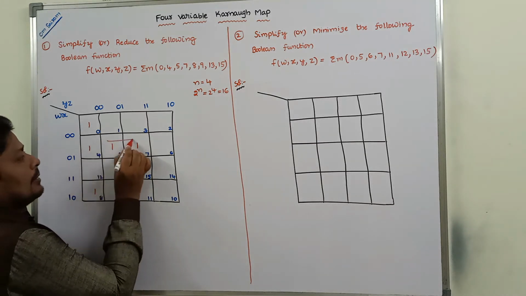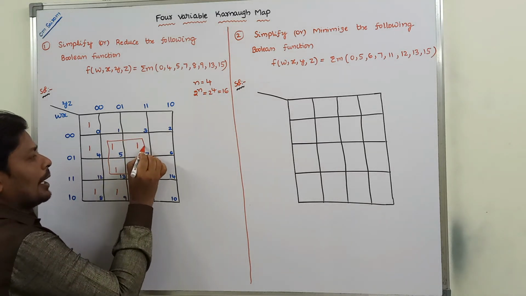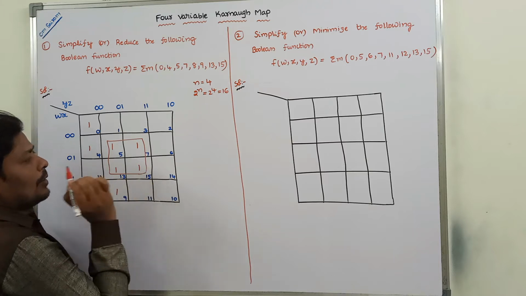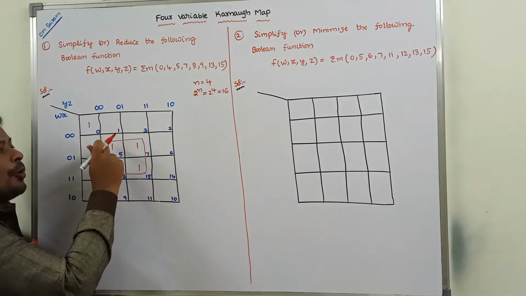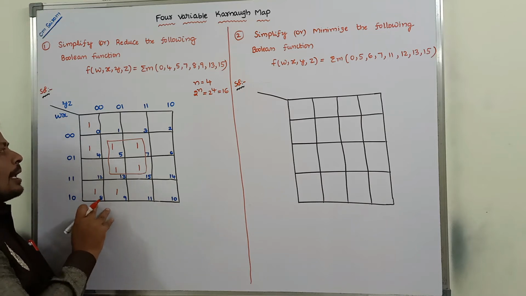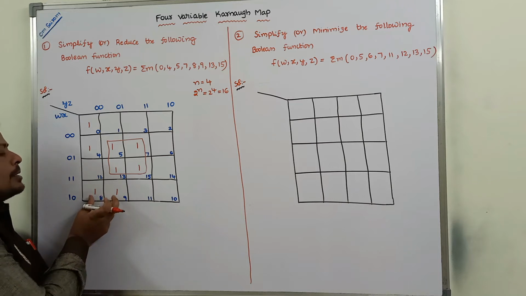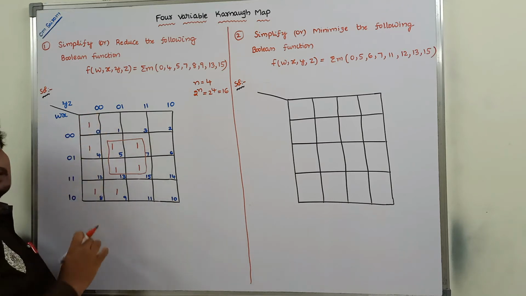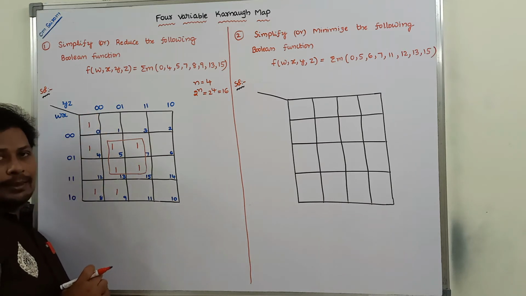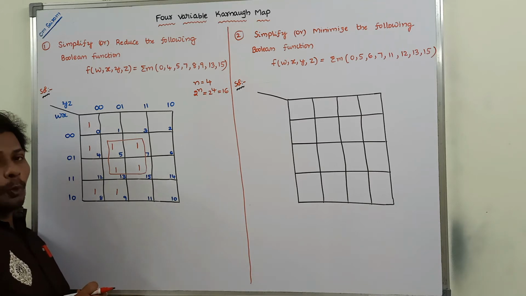After this, here 2 ones are there and here 2 ones are there, but these 2 ones and those 2 ones are not adjacent, so there is no possibility of getting another quad.